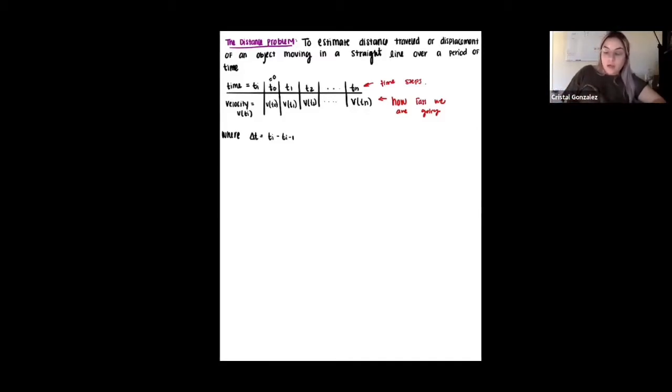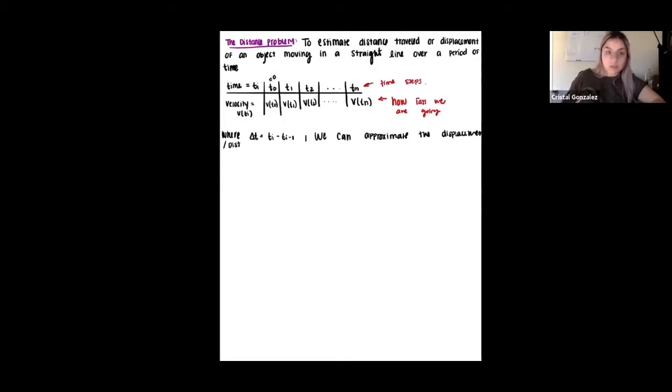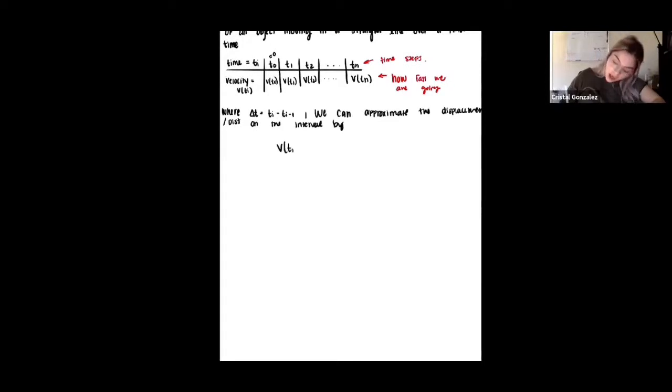Then we can approximate the displacement, or distance, on the interval by v of ti minus 1 times delta t.